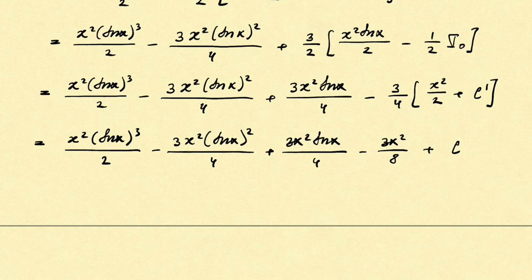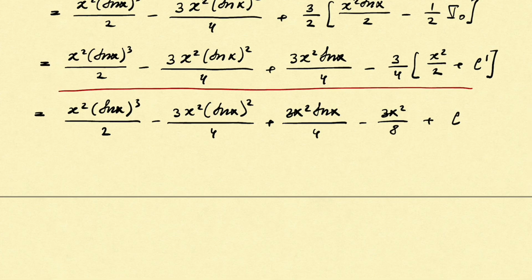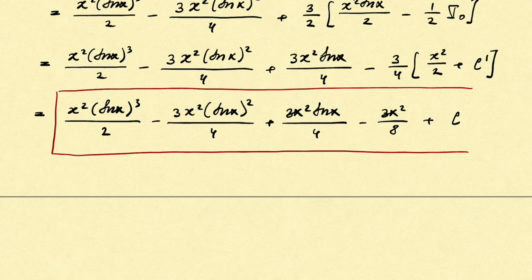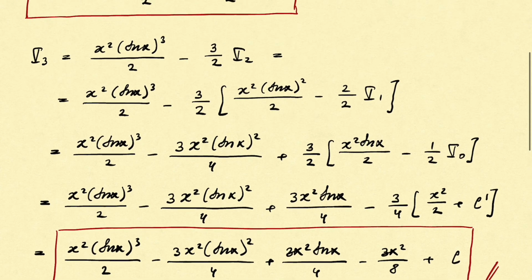As I said before, this minus 3 over 4 c prime is equal to c, but it's not that important. So let's just delete it and let's finalize our answer. Here it is.